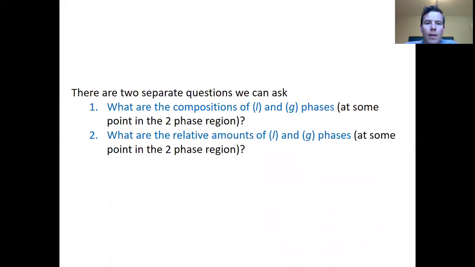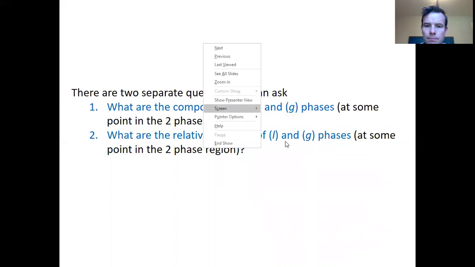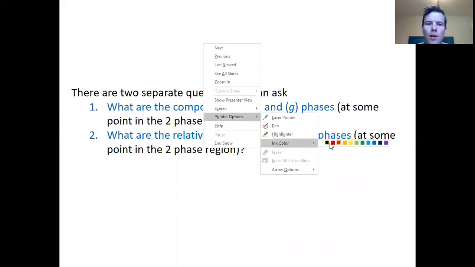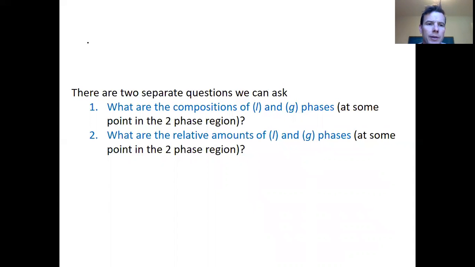So I should really put on here when two phases are present. When two phases are present, there are two questions we can ask.